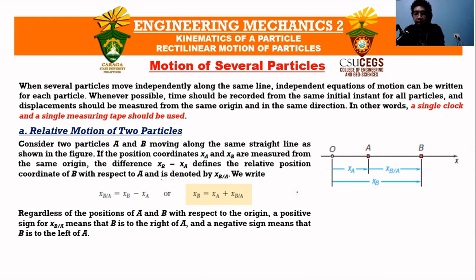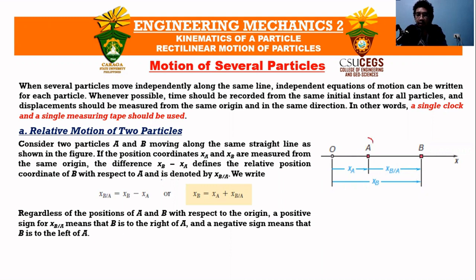So for motion of several particles, we have actually two topics to consider. The first one, I will discuss about relative motion of two particles, and later is the absolute dependent motion analysis of two particles. For relative motion of two particles, let us consider two particles A and B as shown in this figure.